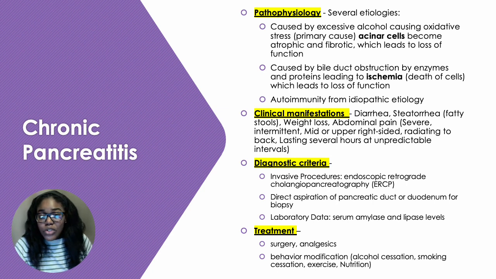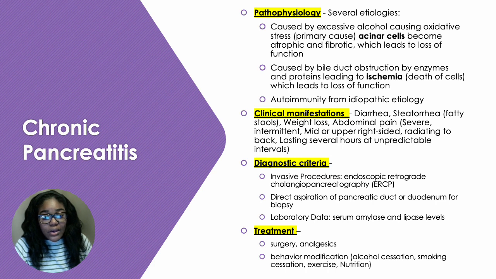This bile duct obstruction has occurred so long that you have some ischemia or death of cells, which also leads to a loss of function. We also have autoimmunity. And sometimes we cannot tell why it starts from an autoimmune disorder. However, that etiology would be considered idiopathic because there is an indeterminate cause for chronic pancreatitis.